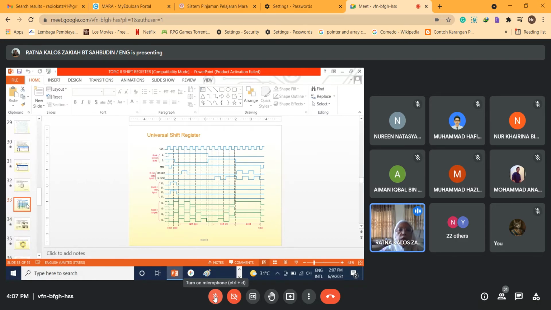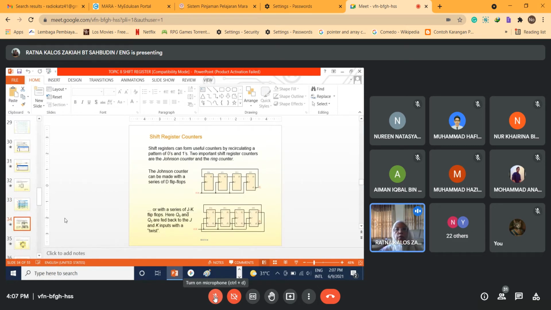Okay, so we have done with the universal shift register, and then the bidirectional shift register. Today we continue with another type of counter. Okay, now shift register counters.